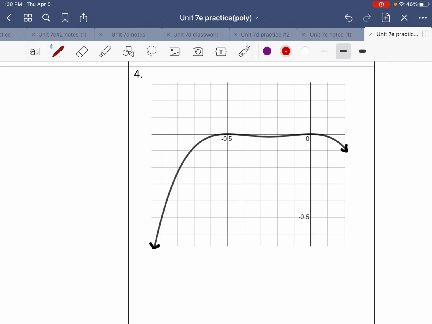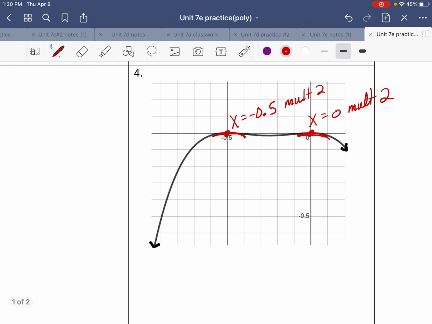We have some craziness going on here. Looks like 2 x-intercepts. One's at x equals negative 0.5, and one's at 0. Now, if you notice, both of them, that is a little minimum point there, or maximum points, local maximums. Those are doubles, or multiples of 2. Both of them.